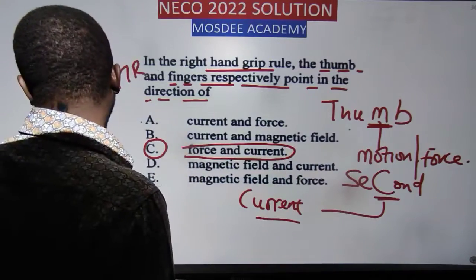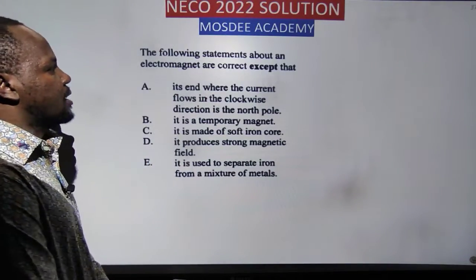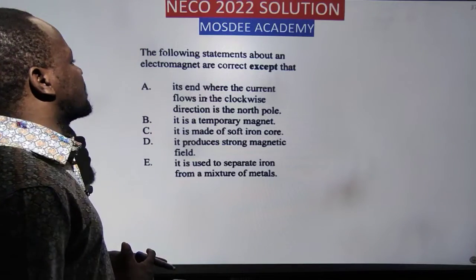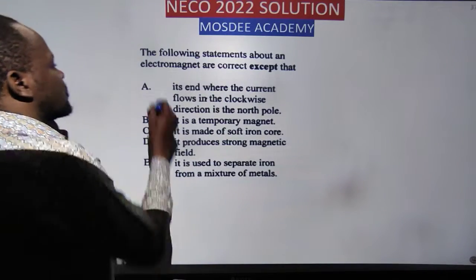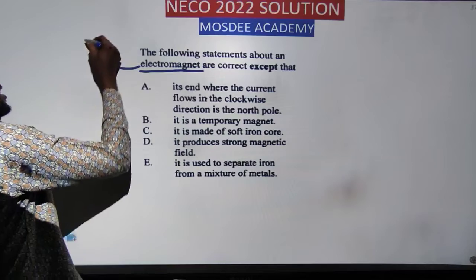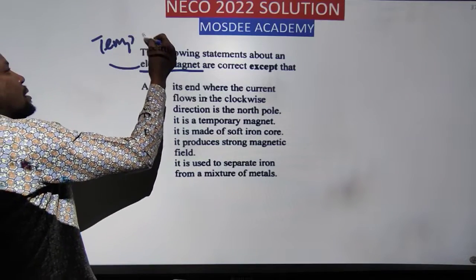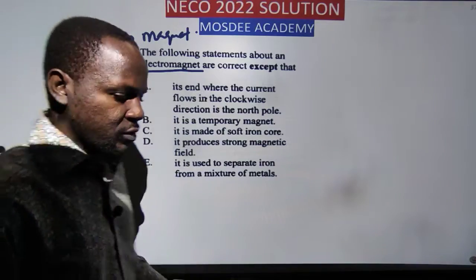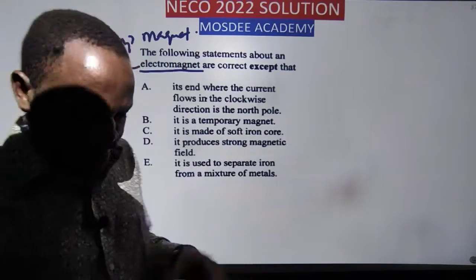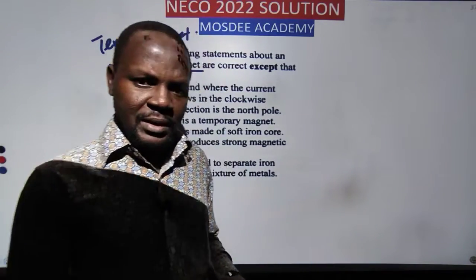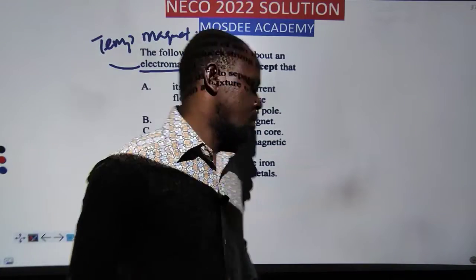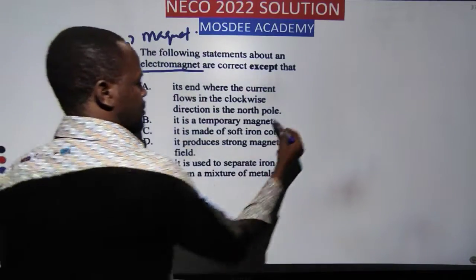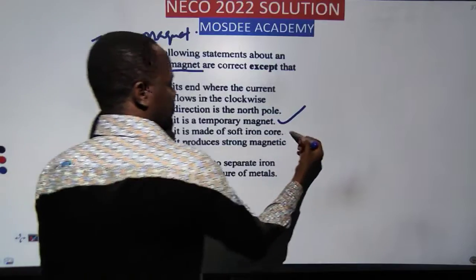Admin, you can move to the next question. The following statements about electromagnets are correct except what? Electromagnets are called temporary magnets. A temporary magnet is usually a magnet that can easily magnetize and easily demagnetize. They are made of soft iron core, so that is correct.